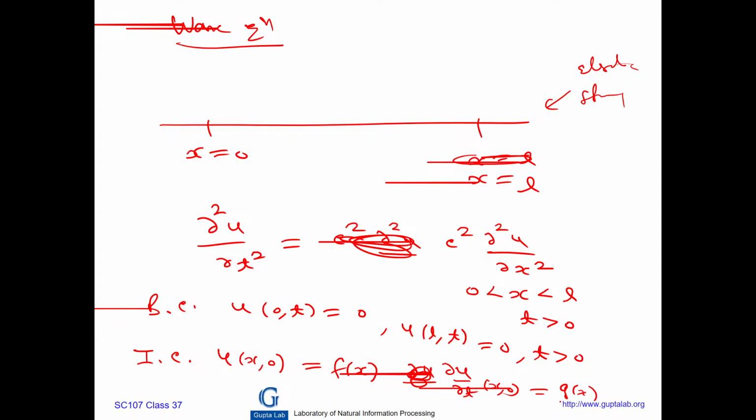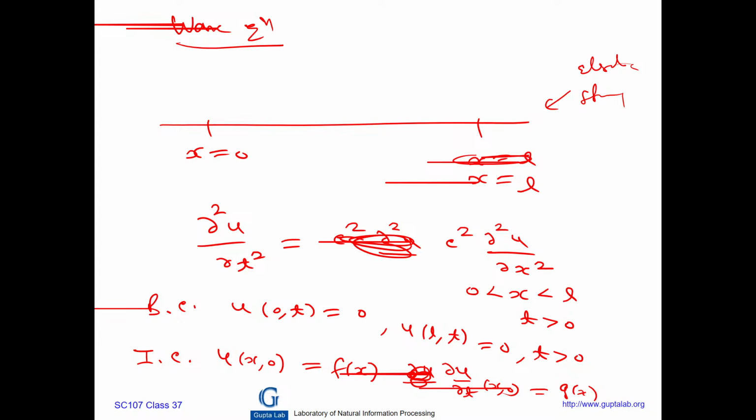This is the initial velocity. Del u over del t (x,0) is g(x). Initial velocity and initial displacement, right? Both things are given to us. So this is boundary condition, this is initial condition. Using these things you can eliminate the constant. Okay, that's what it is.